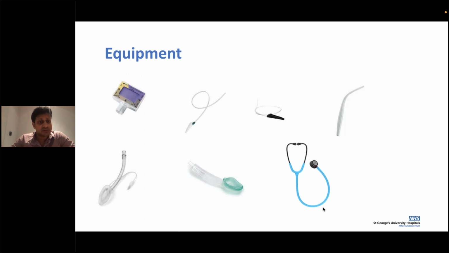So all our resuscitation trolleys will now have an LMA, so have a fair idea of how to use an LMA or an iGel. The iGel is the one in the middle, the LMA is the one on the left. The only difference is that with the LMA you have to insert a bit of air, and it's all marked. The smallest size is size 1, which looks after babies between 0 to 5 kilos, so quite a wide range.